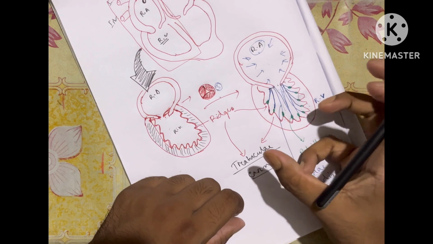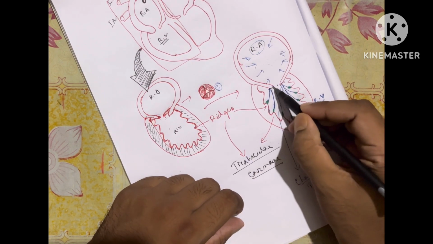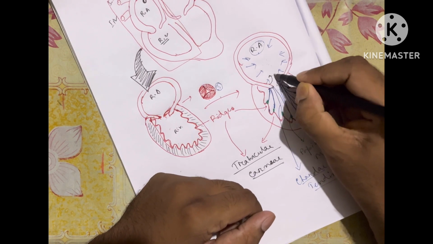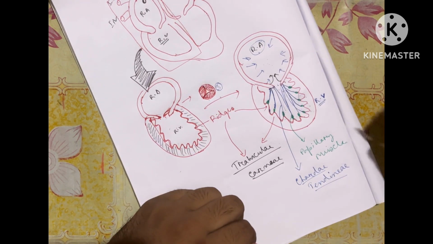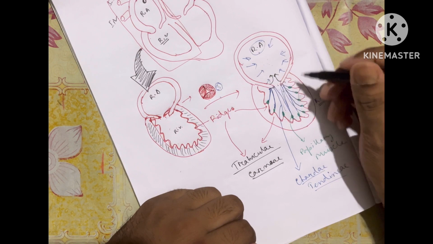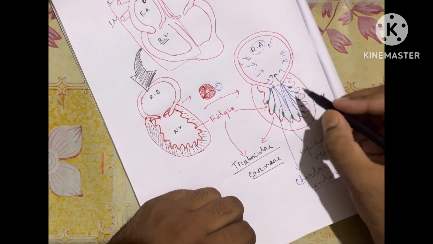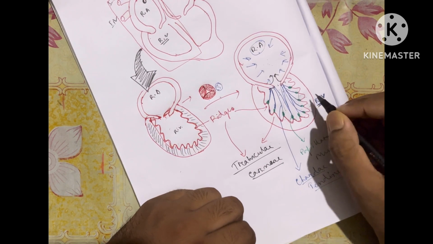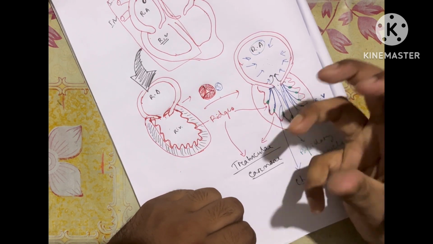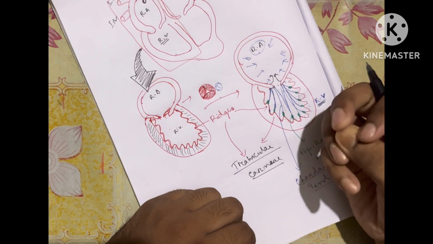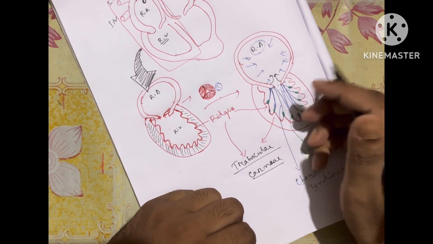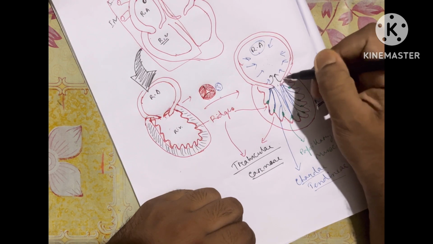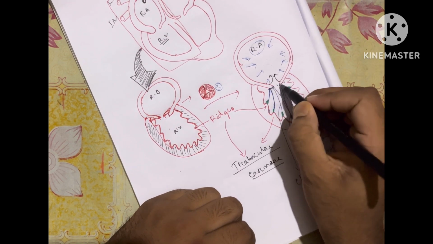If the contraction is forceful, then the valve may get over-flattened in the upward direction. It may get turned because of the force of the blood, and because of the high pressure, blood goes directly to our pulmonary artery and that valve becomes closed.